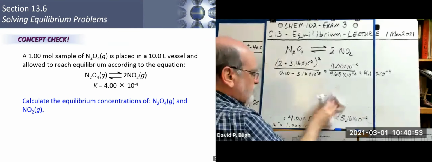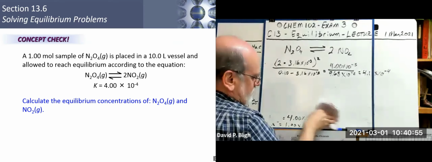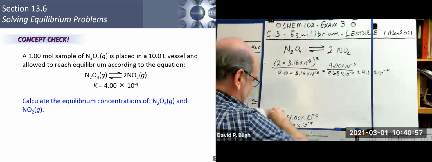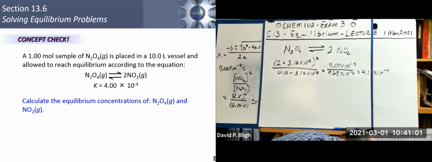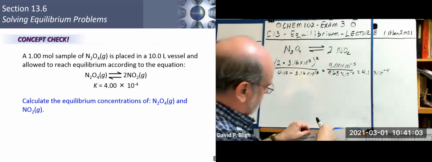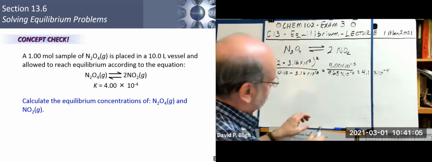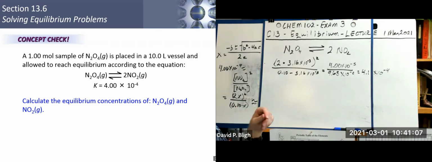How do you calculate percent error? You take the final minus the initial divided by the initial.